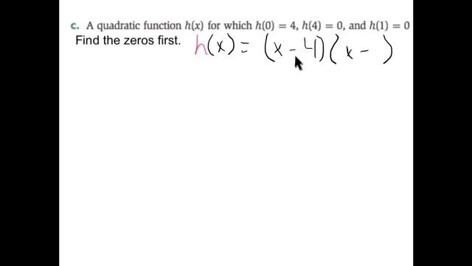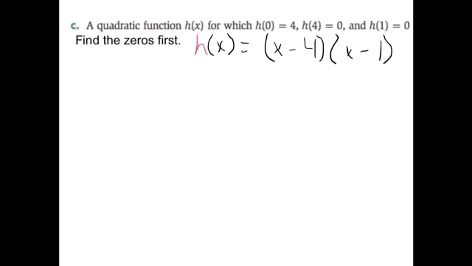That's why this is x minus 4, because what value would go here to make this part of the expression 0? Well, 4, of course. And there's the 4, and there's the 0. That means that the other one is going to be 1.